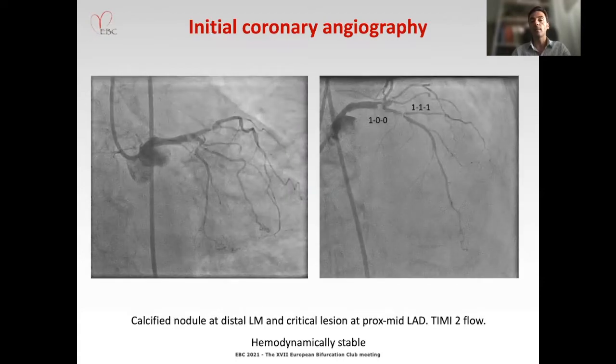So in summary, we had two bifurcations in series, one at the distal left main with a calcium nodule, 100 of Medina, and the other one at the proximal mid LAD with some affection of the diagonal branch, 111 of Medina, but the diagonal branch had 1.52 millimeters of diameter.